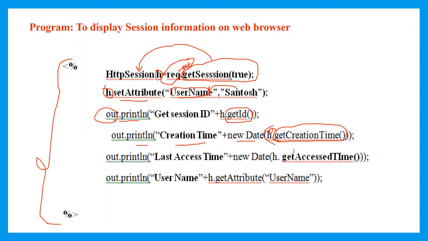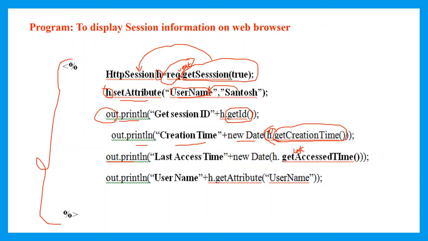The method name is getLastAccessedTime. It is not getAccessTime, it is getLastAccessTime. So here I am printing the last access time by making use of the getLastAccessedTime method.